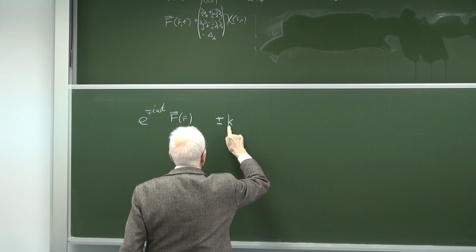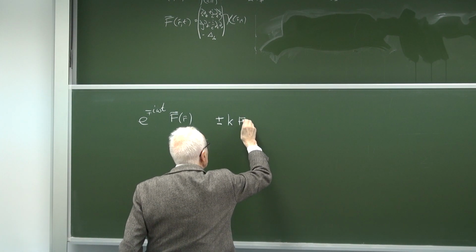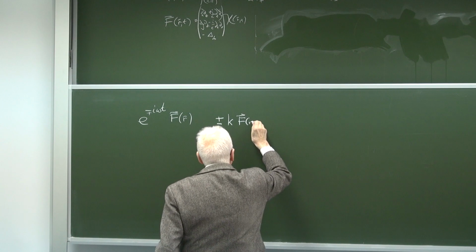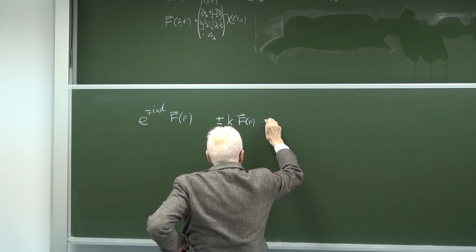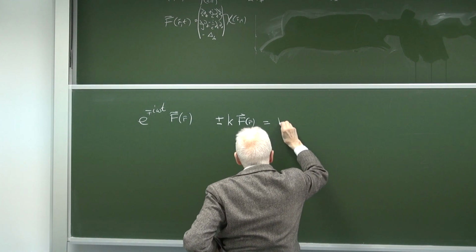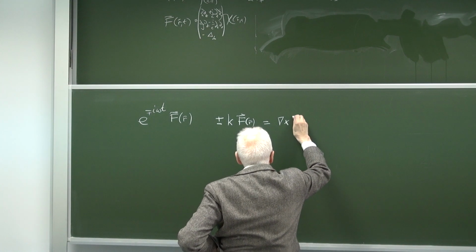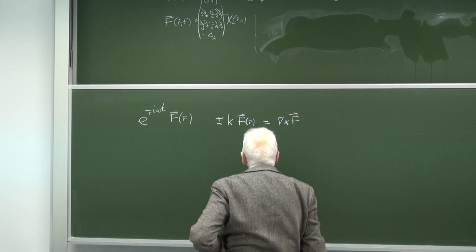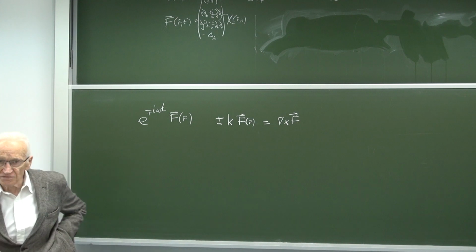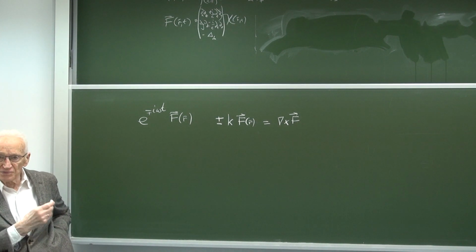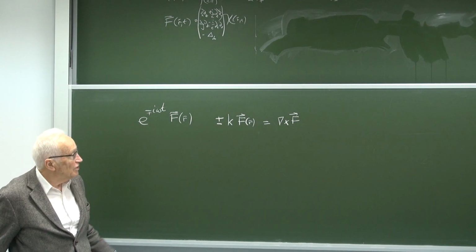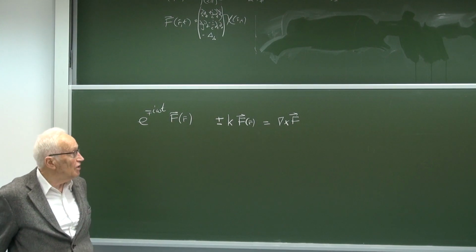So there's k, the length of the vector, times f of r, equals, if I write it on the other side, plus the curl of the vector f. This is what is valid for the monochromatic waves. The curl of the vector reproduces the vector up to the length of the wave vector associated with the frequency that we are talking about.